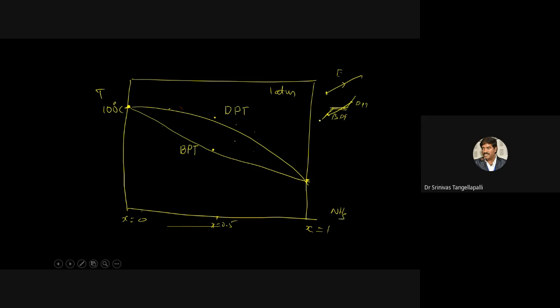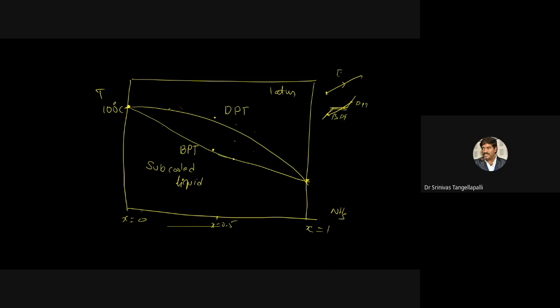We have different regions like liquid phase, liquid plus vapor, and vapor, that means superheated. Similarly here also, the liquid is of two types. The first one is subcooled. This area is completely a subcooled liquid.